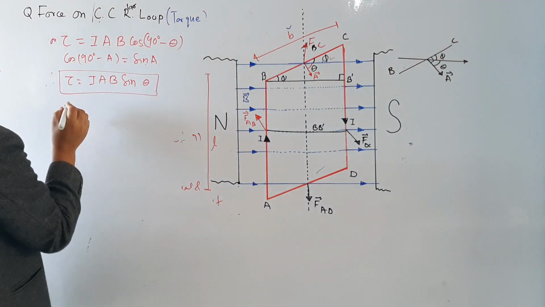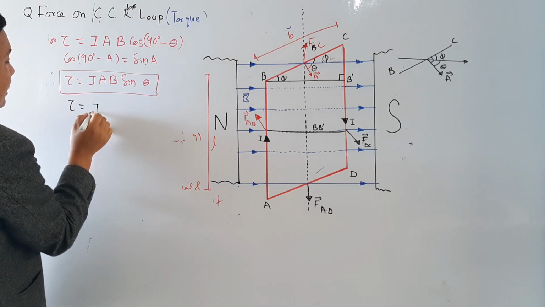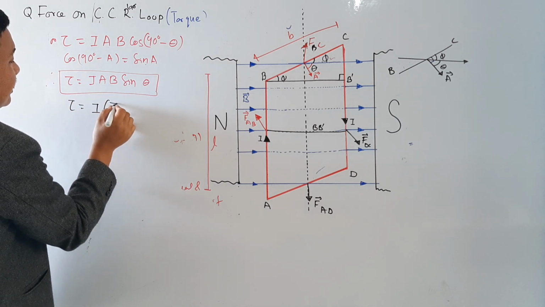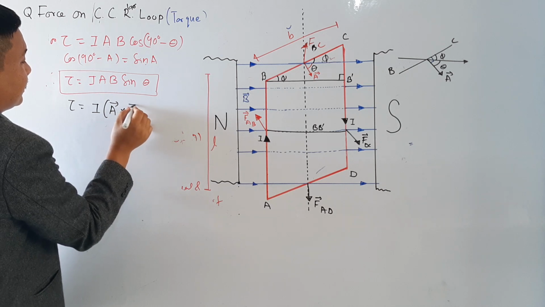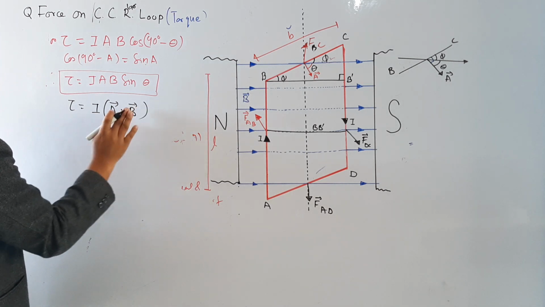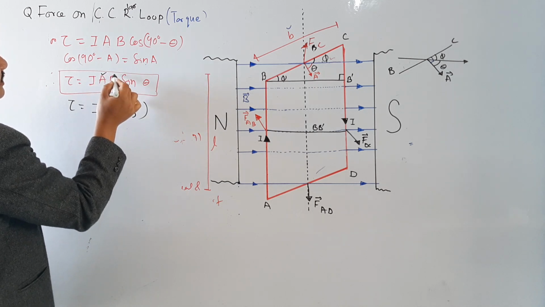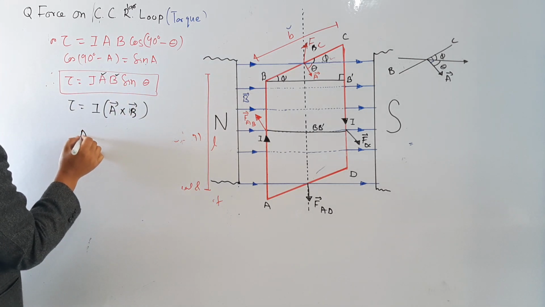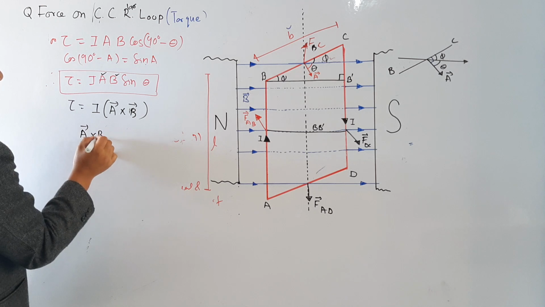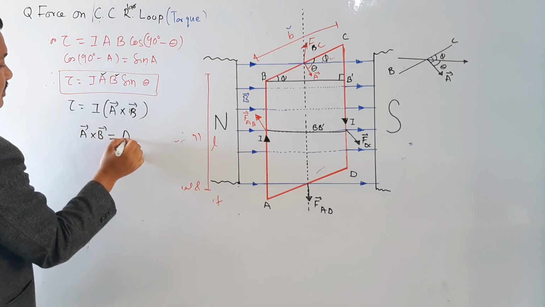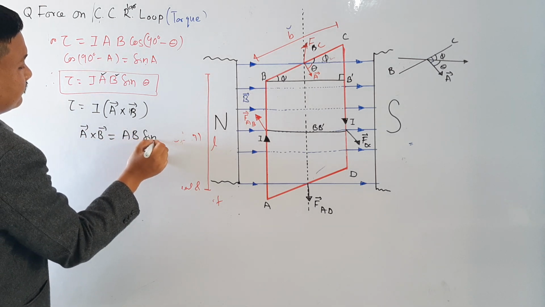Now again I can write this torque equal to I, area vector cross B vector. Why? Because if you have A vector cross B vector, it will give me AB sine of theta.